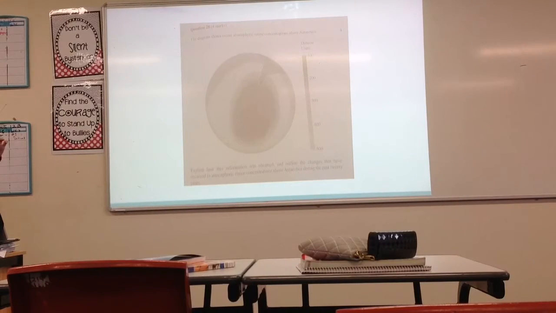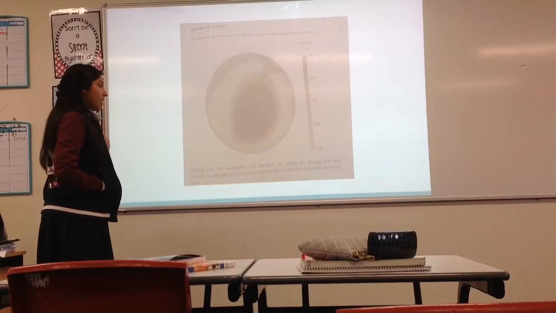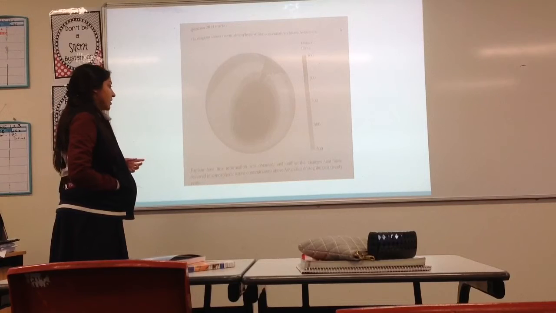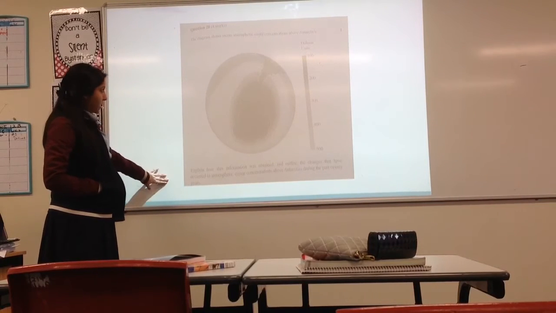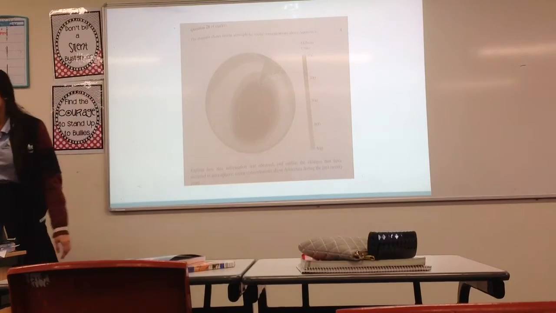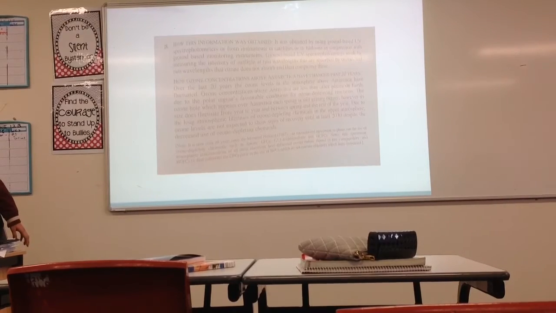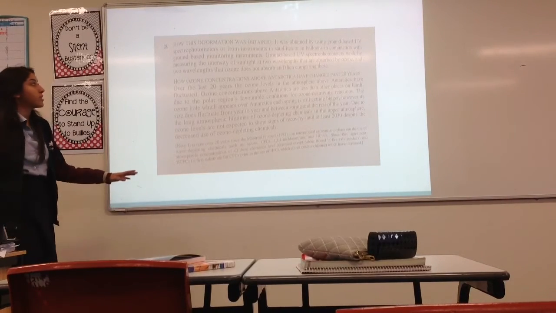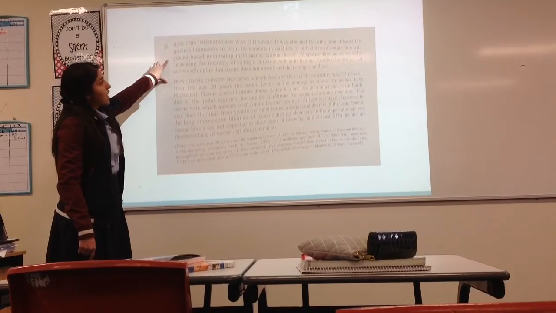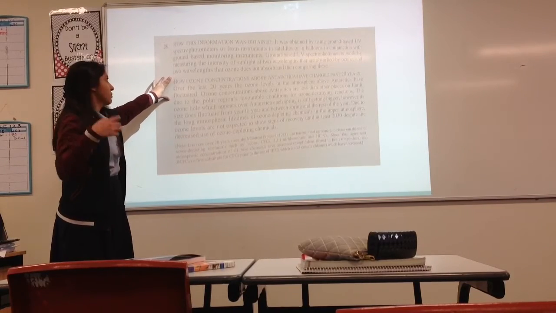The next question is: explain how this information was obtained, and outline the changes that have occurred in atmospheric ozone concentrations above Antarctica during the past 20 years. To answer this 4-mark question, you first have to say how this was obtained, which was UV spectrophotometers, and it just explains how they use the light and absorbing and all that.